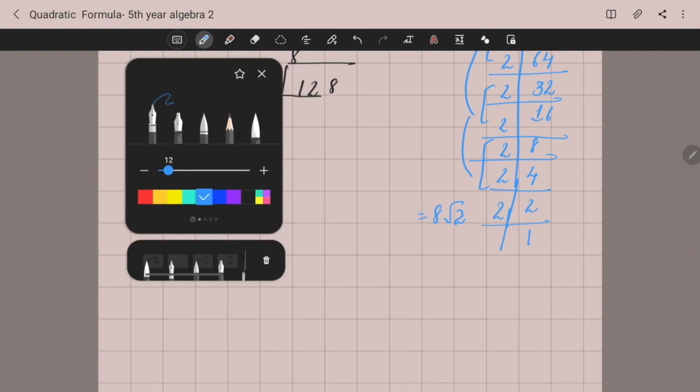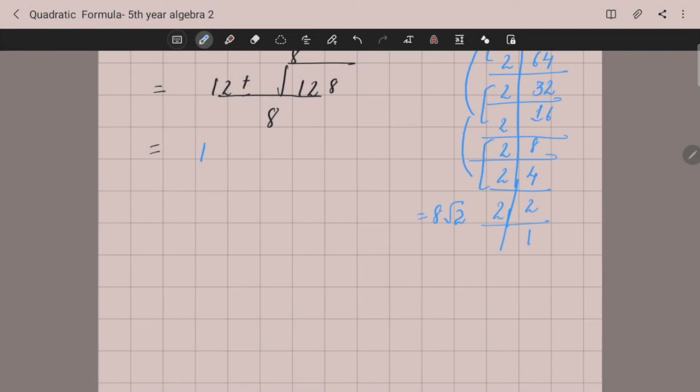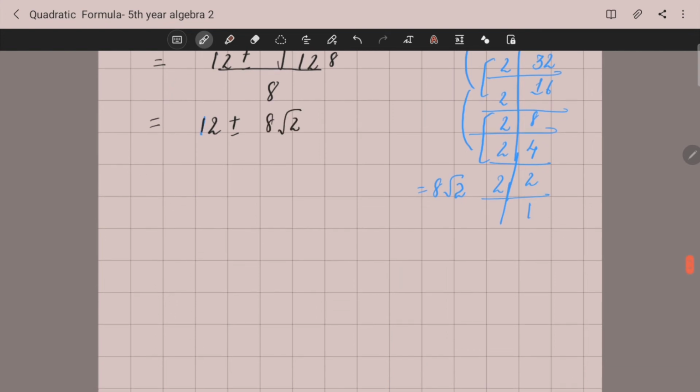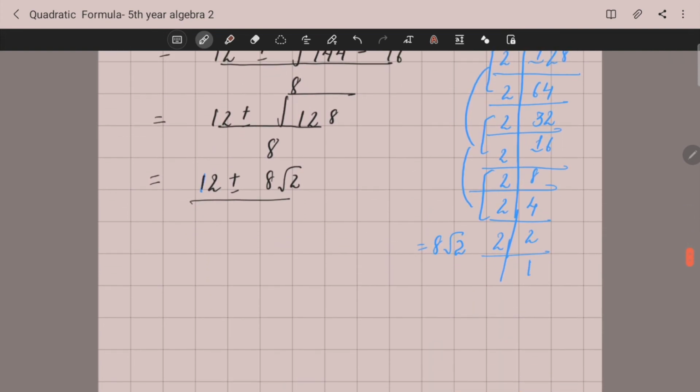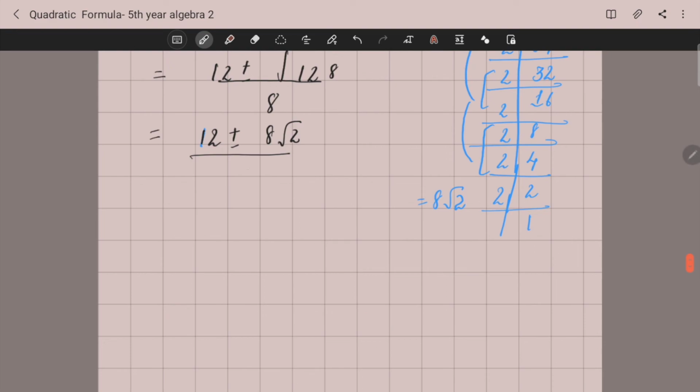Now we'll put it over here. So this is 12 plus minus 8 root 2 over 8. So from here we can take 4 common.